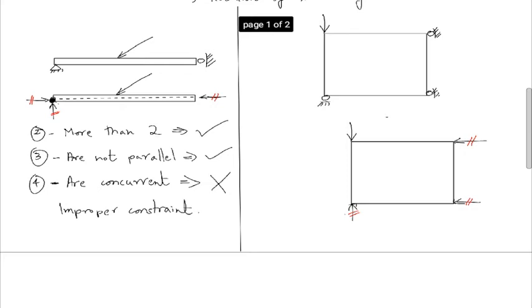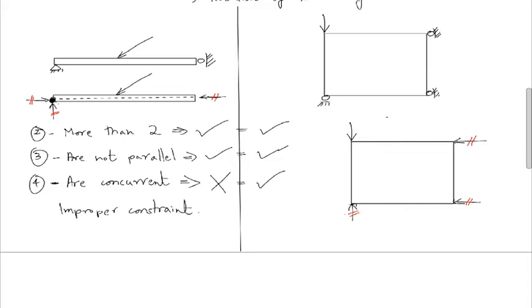And then we went on to check the same 3 conditions. So we know that there are more than 2 reactions, so this passes. We found out that the reactions are not parallel to each other, so that condition also passes. And we also found out that the reactions are not concurrent. They don't pass through the same point, which meant this also passed.